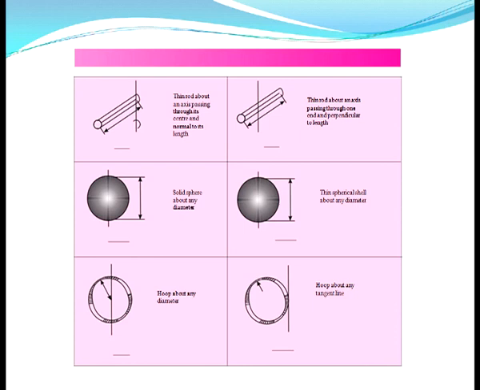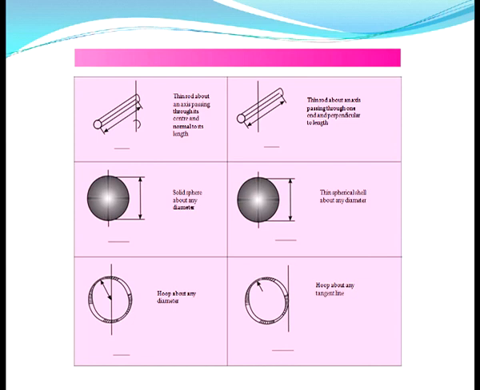Similarly, if the thin rod has an axis passing through one of its ends and perpendicular to the length, then the moment of inertia is ml²/3. If we take a solid sphere and the rotational axis is about a diameter, then I = 2/5 mr².